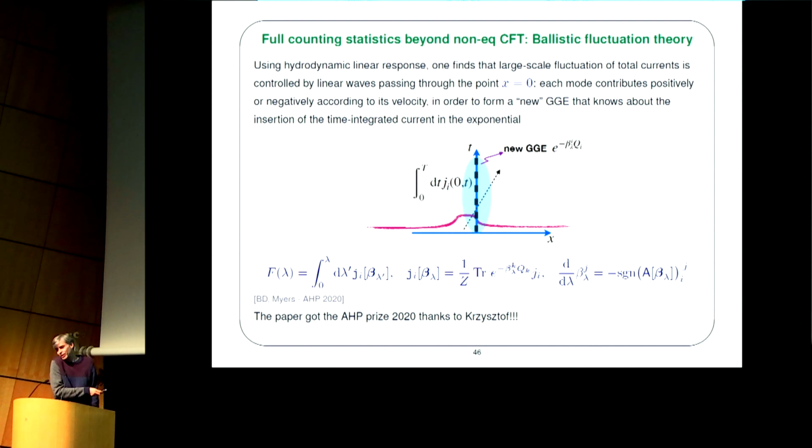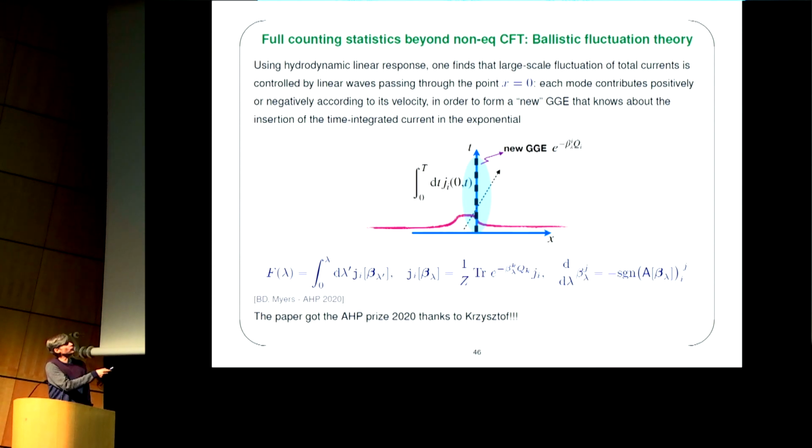Well, here it is. It is relatively simple. So this f of lambda takes the form of an integration over some lambda prime, from 0 to lambda, of an average current evaluated in a lambda-prime-dependent state. So it's a kind of a GGE now that depends on this extra parameter. And what is this GGE? Well, this GGE is obtained by looking at a flow equation where beta, the inverse temperature, satisfies the equation d lambda beta is minus the sign of the flux Jacobian.